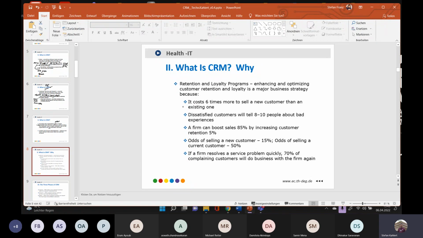So this means, especially if you have clients which bring value into your company, or, let's say, private patients which you want to keep and you do not want them to go to another physician or hospital or health organization, then it's important that you keep them, because you see here, it costs 6 times more to acquire a new client than to keep your existing one. I think this is the main argument for a CRM.